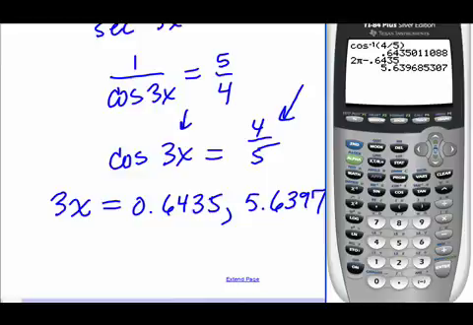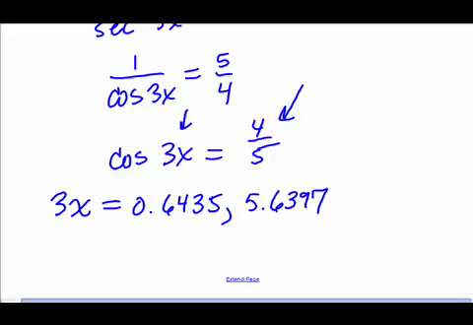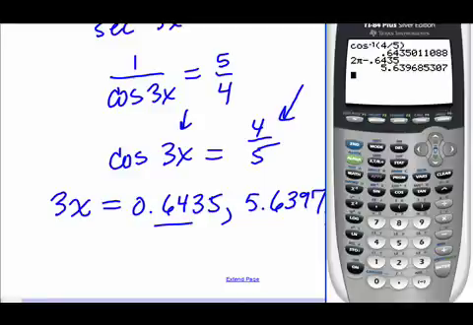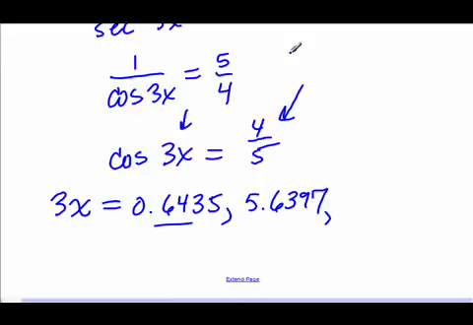And now, to get the rest of the 3x's, let's just take our previous 2 answers and keep on adding 2 pi. When I add 2 pi onto this one, that gives me the second time around. So what is 0.6435 plus 2 pi? 4 decimal places, 6.9267.